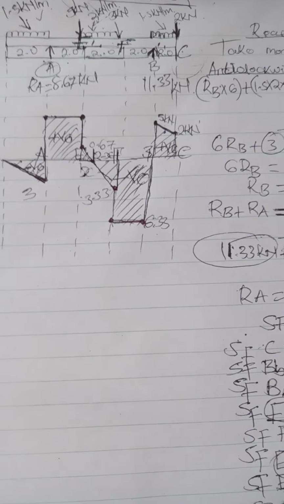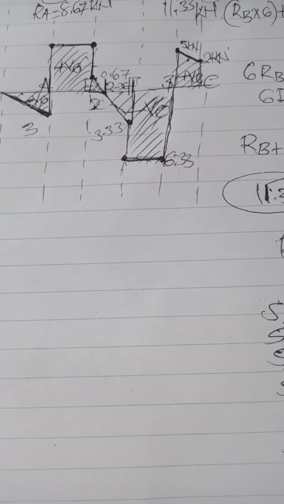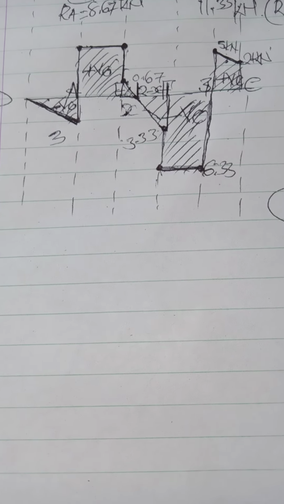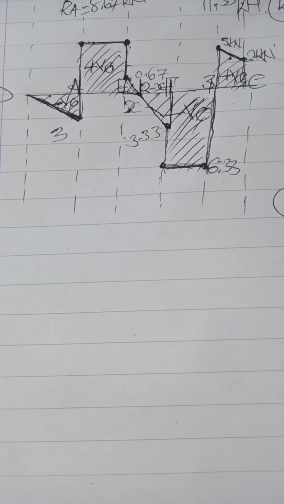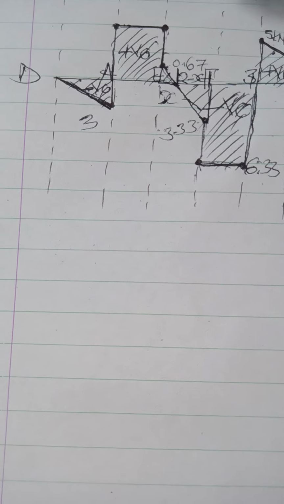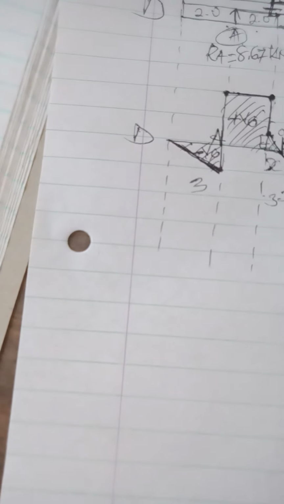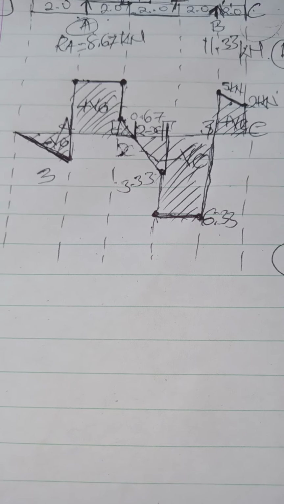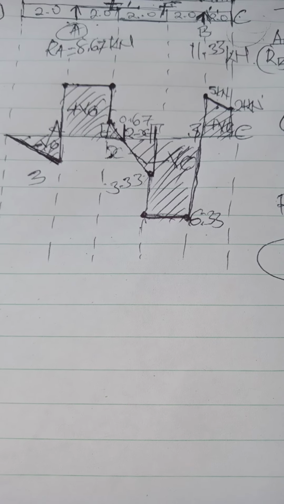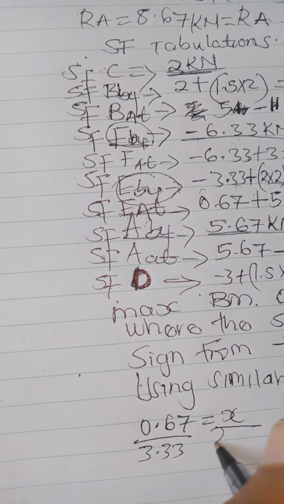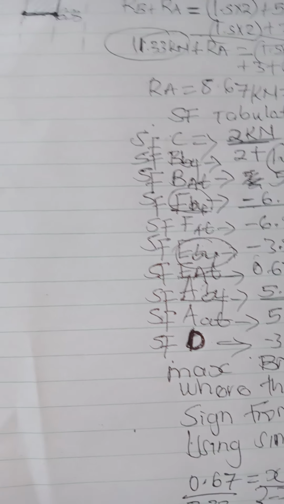Okay, let's use the similar triangles to find it. So we take 0.67 is equals to x over, then we divide by 3.33, 3.33 is equals to 2 minus x.